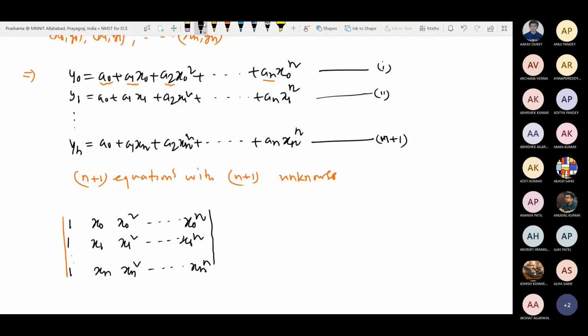So this is a determinant of size n+1 cross n+1, and if you find the determinant, it will come out as a non-zero value.